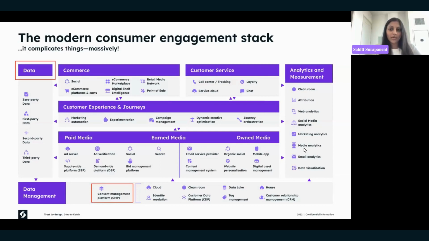They're engaging with their consumers in different ways through social media platforms, e-commerce marketplaces, retail media networks, and sometimes even connected TV services.